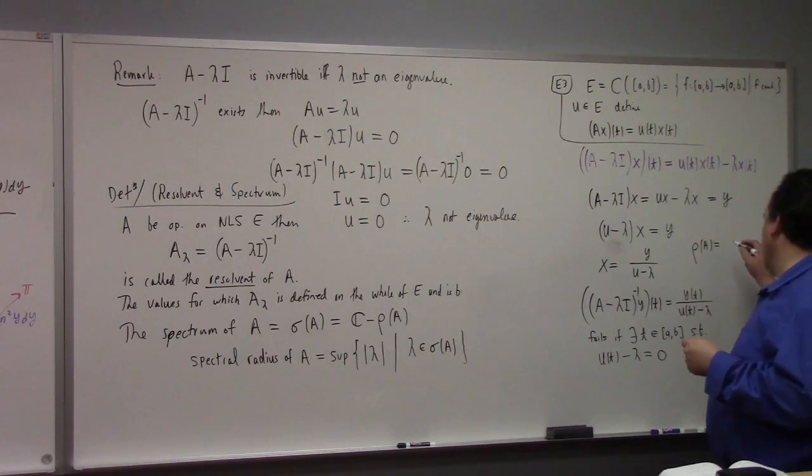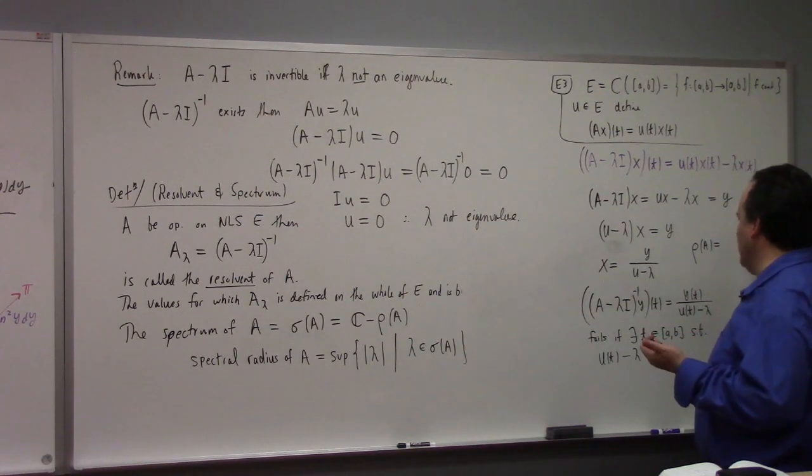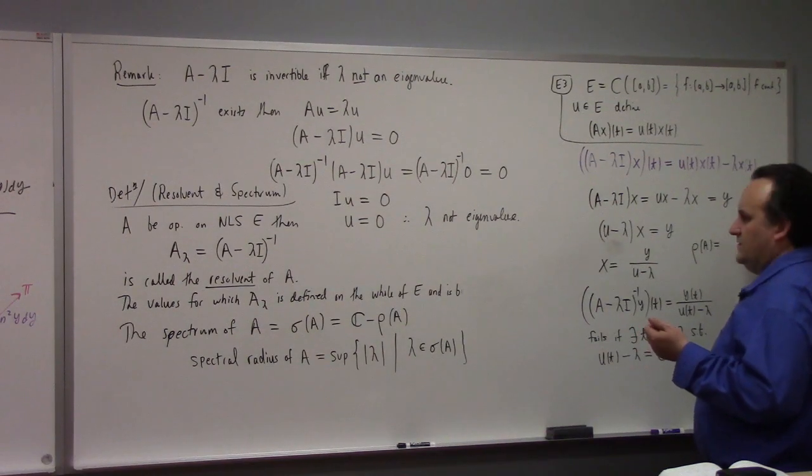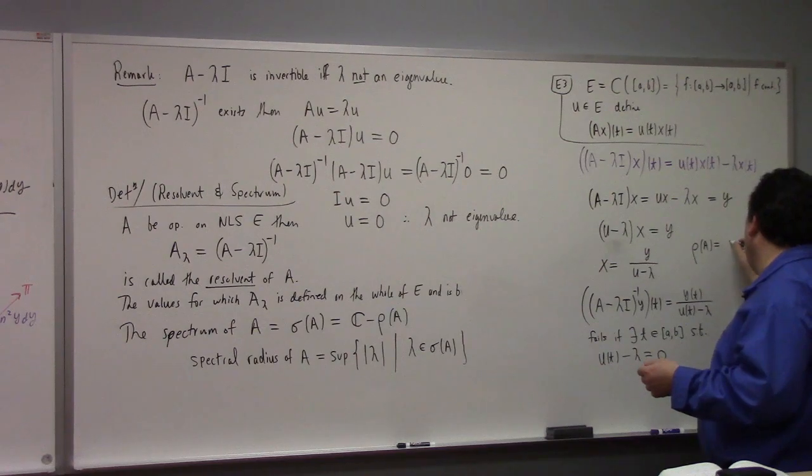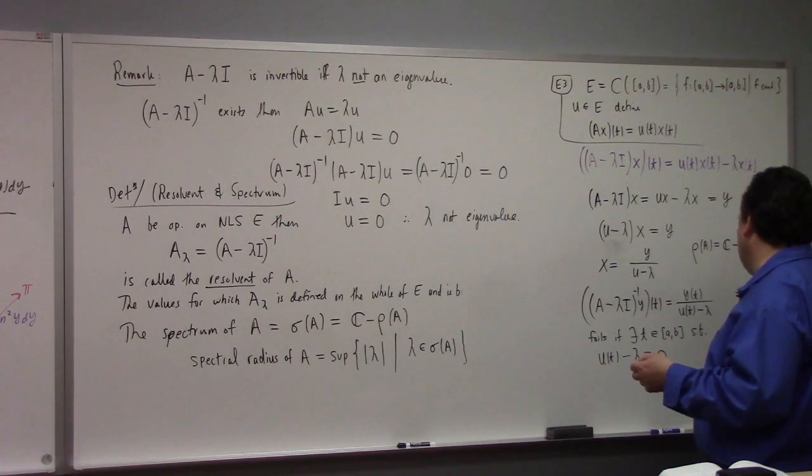So this would be the real numbers. Well, excuse me, it would be the complex numbers, because this is complex. If I follow the definition, it should be the complex numbers take away the range of u.